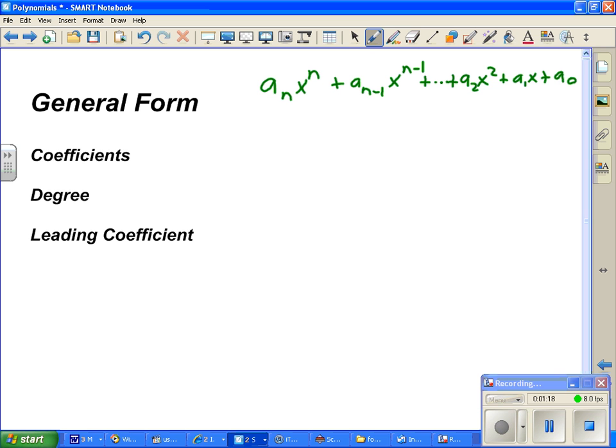What does this mean? You look at this and it looks like alphabet soup, and you're like, what in the heck is going on? But let's just think about what is happening here. Let's write down a polynomial equation and match things up. Let's say we have 2x to the fourth plus 3x cubed minus 7x squared plus 5x minus 1. Okay?